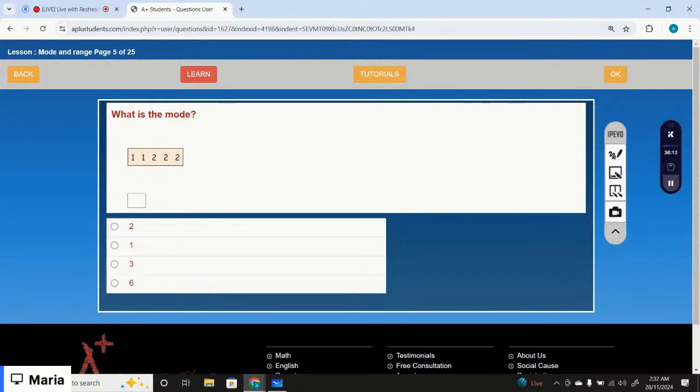What is the mode? The correct option is 2.